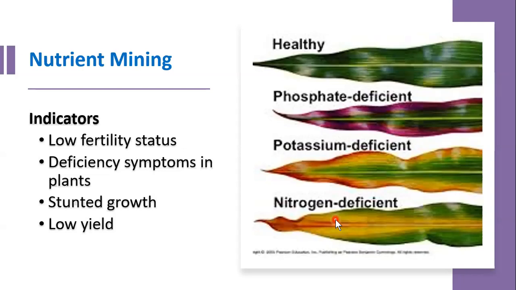Stunted growth, if we don't have any other reason and the growth is stunted, it means we have a low or suboptimum concentration of nutrients in the soil. And if we are getting low yield without any obvious reason, it means we have this nutrient mining issue.